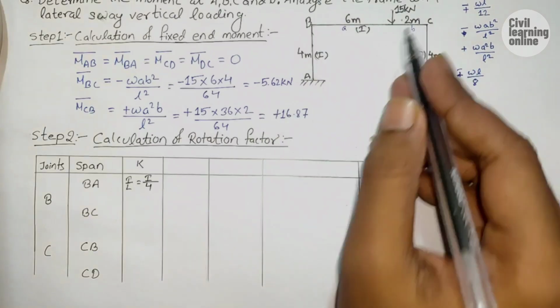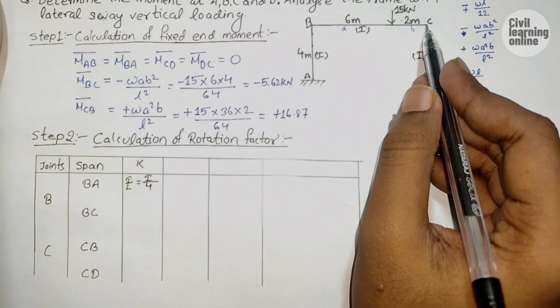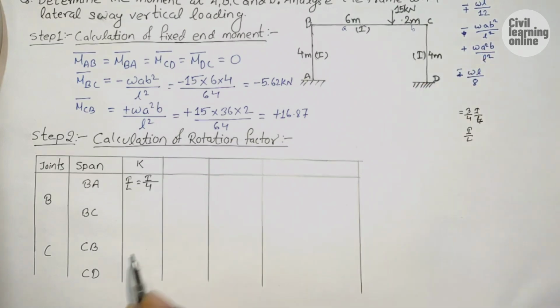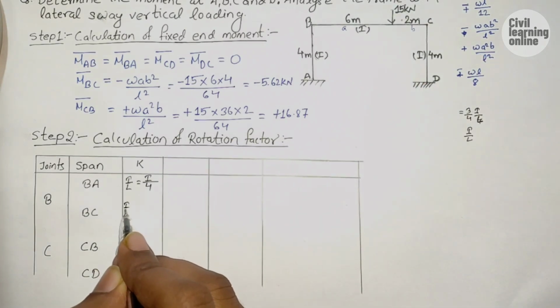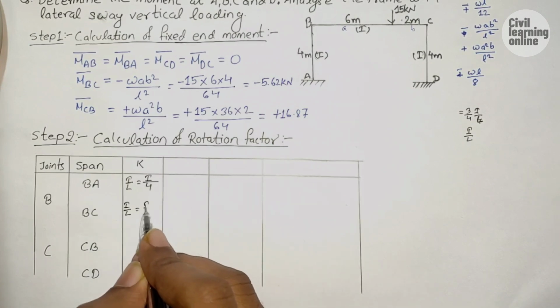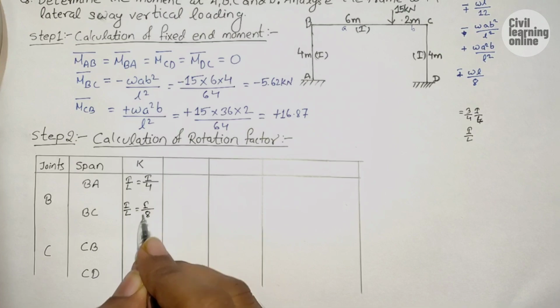Similarly, for span BC we have hinge support at C, which is at intermediate position, so again we will have I upon L, and I upon L will be equal to I upon 8 meter.